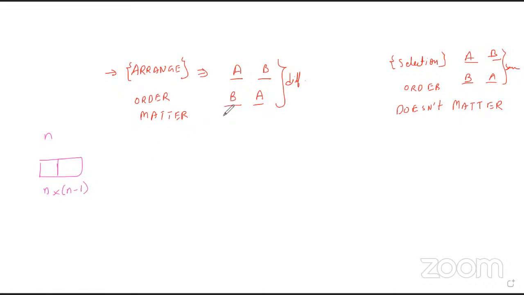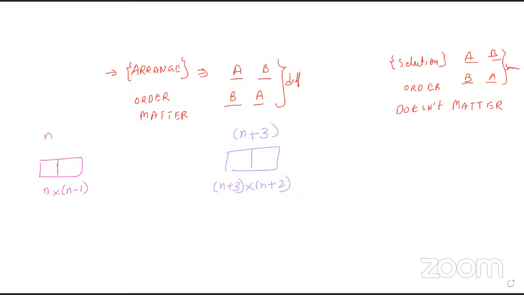Clear till this step? Yes. The next step says that if the number of trophies is increased by 3, now Ram has n plus 3 trophies. So now the number of ways to arrange would be n plus 3 ways for the first place and n plus 3 minus 1, that is n plus 2.